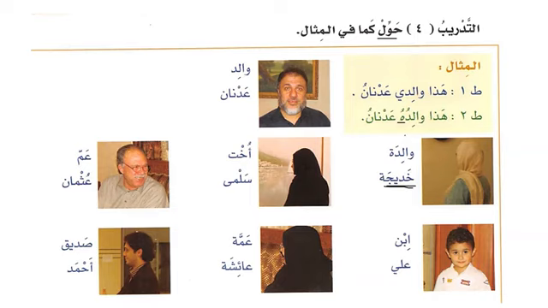So for the feminine you will use ha, and for the masculine we will use hu. So these are the attached pronouns we have already learned. And again, this is something that you have to practice by yourselves. If we were sitting face to face, definitely we would practice as a group. But since we are not face to face, I would definitely recommend that you practice as much as you can based on the examples over here.